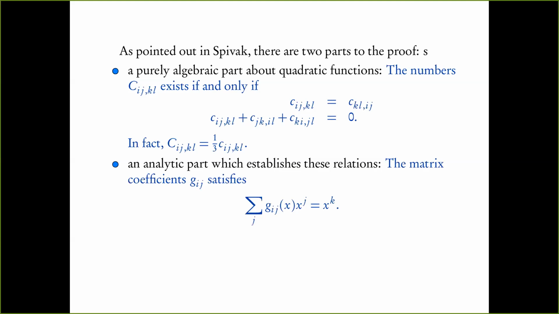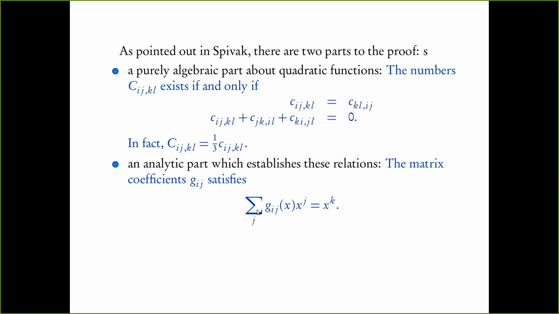One of the key steps involves showing that if you take the entries Gij of the matrix G at the point x, multiply with x^j and sum over j, then what you get is x^k. This can be shown without much effort, but it is one of the steps. You have to do a lot of steps after this, a couple more.